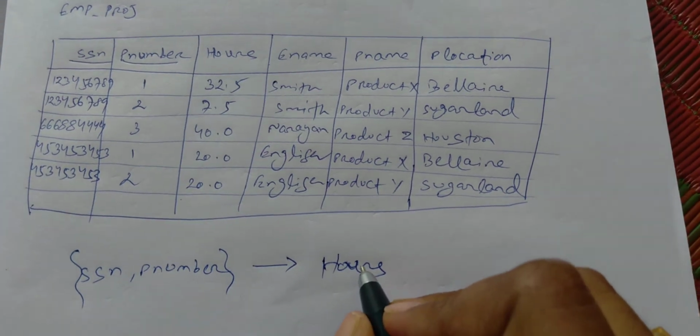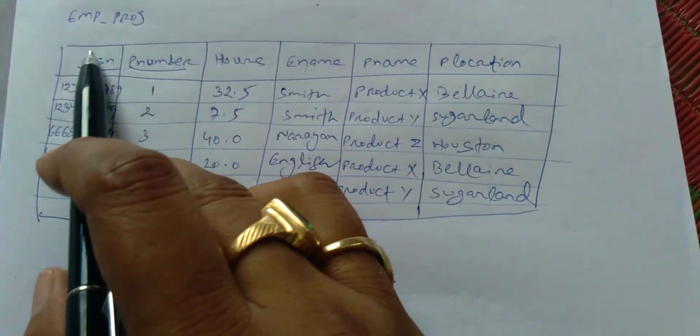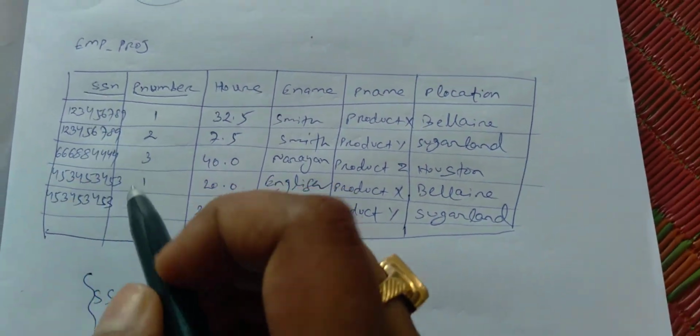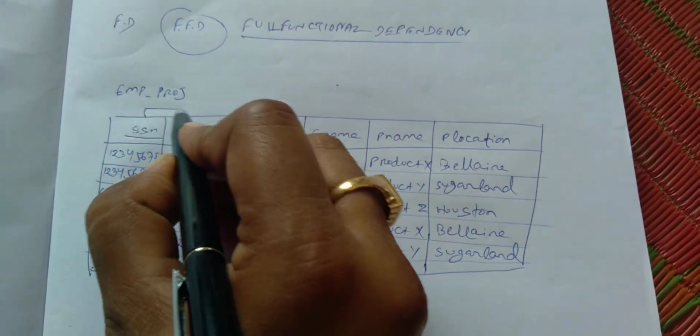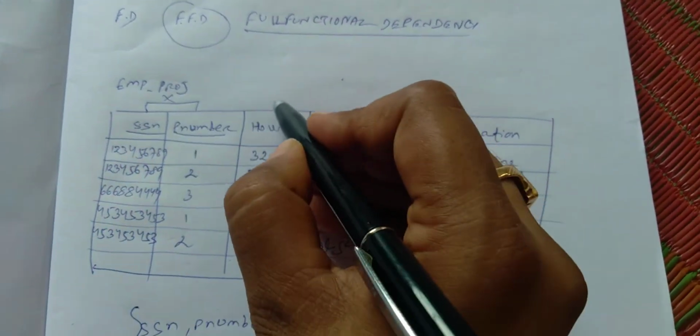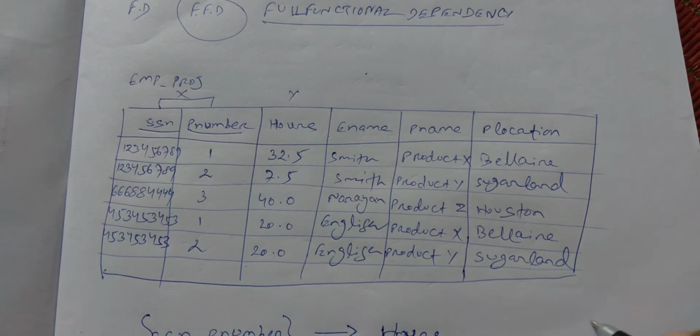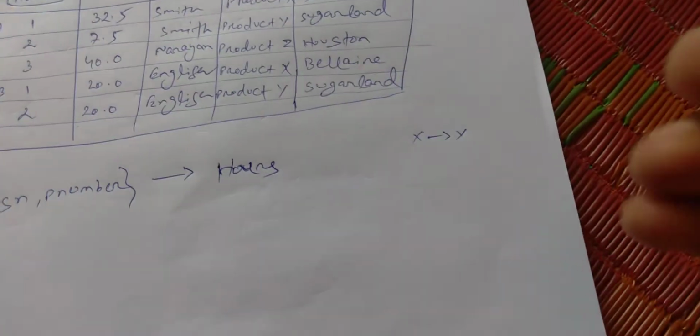Hours is the attribute, this side, suppose I am terming this as X, this as Y. So X determines Y means functional dependency exists between X and Y.